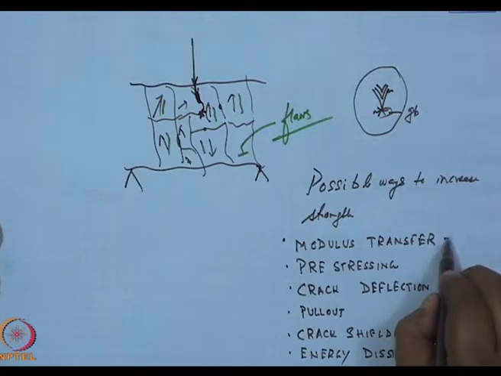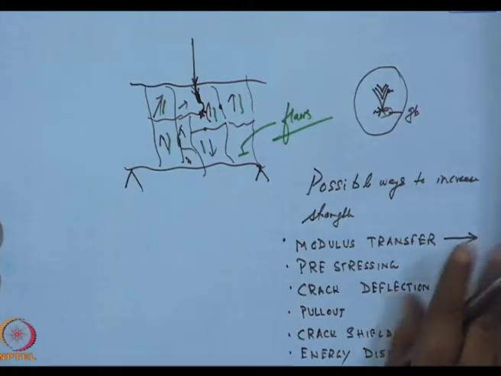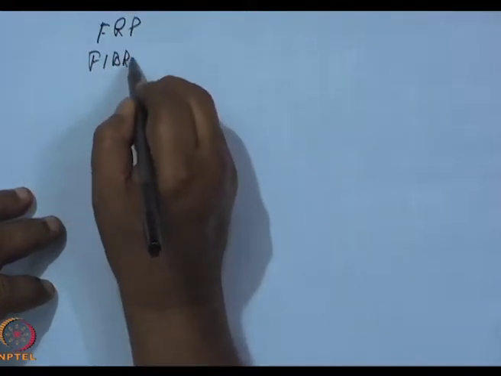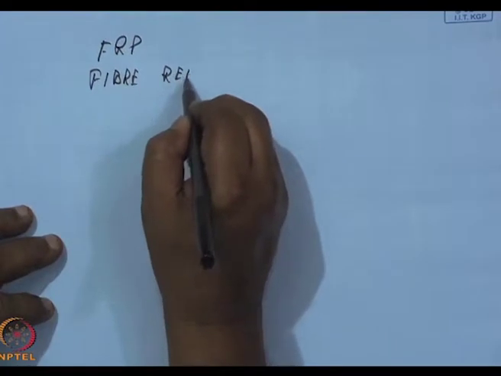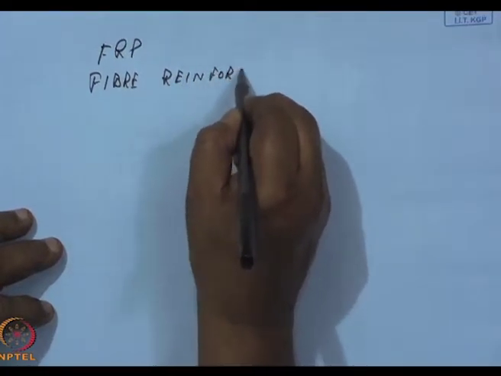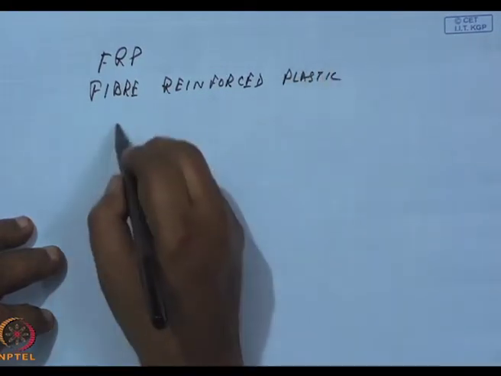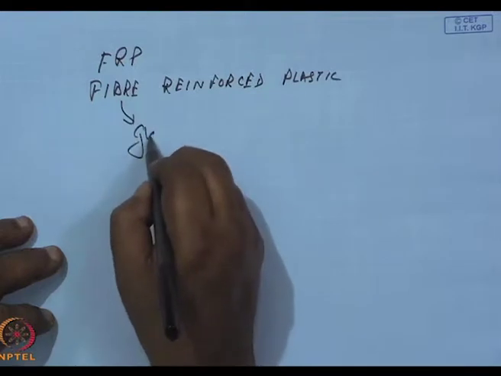Now, let us take modulus transfer. Most of you use chairs which are basically plastic chairs. These plastic chairs are basically FRP, fiber reinforced plastic, and this fiber is generally a glass fiber.